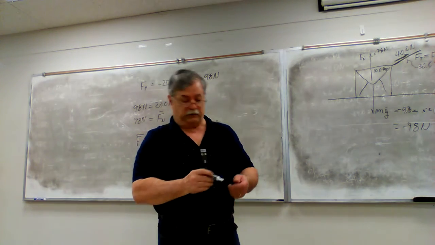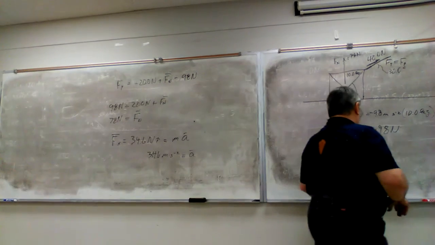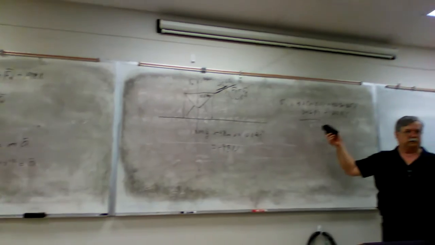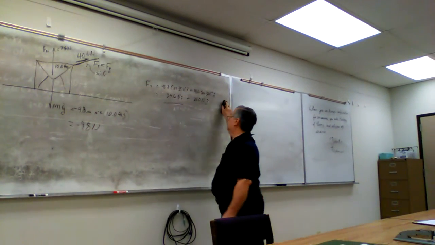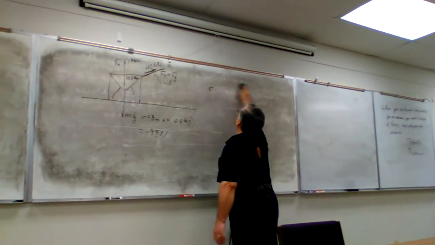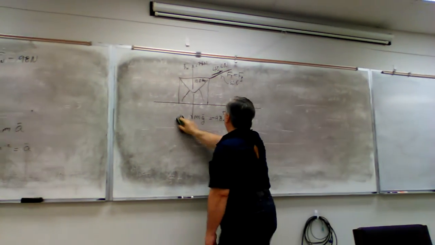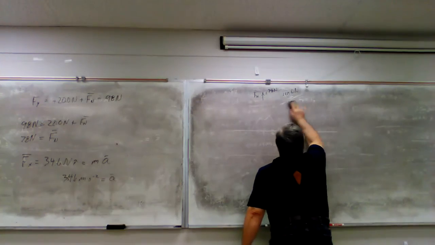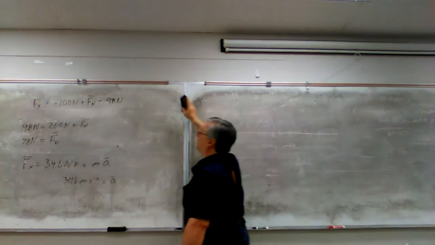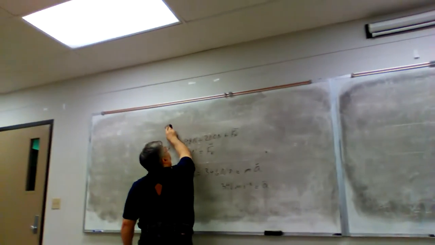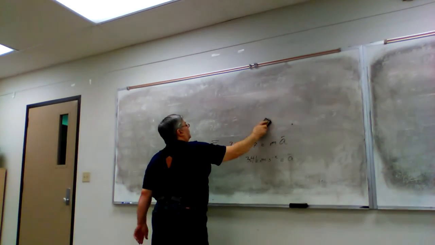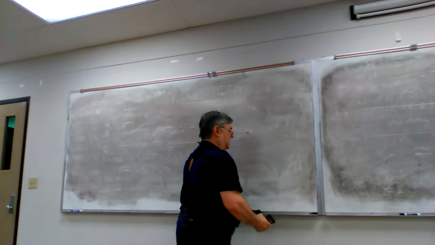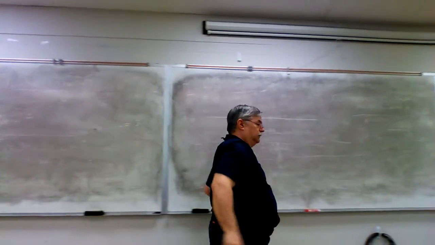Okay, then let's revisit a problem very similar to the last lab we did. Got all your pictures, everybody? We did the lab on dynamics. We had one mass suspended over a pulley, pulling on a much heavier mass horizontally.